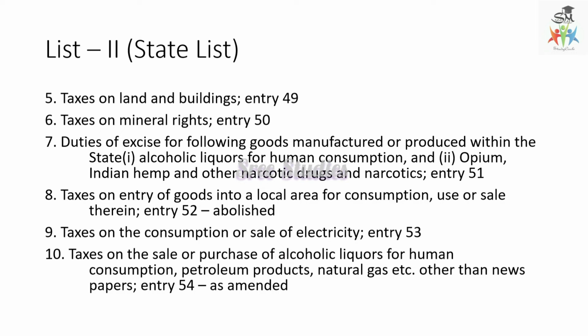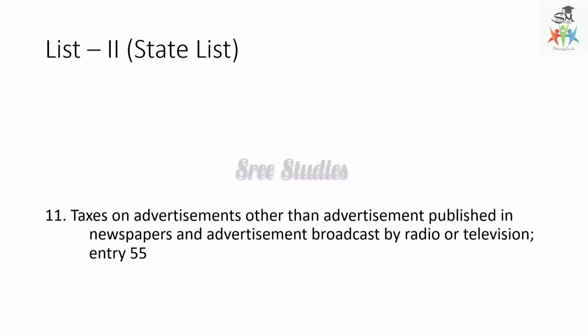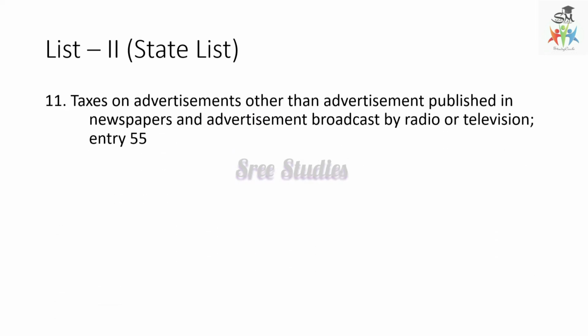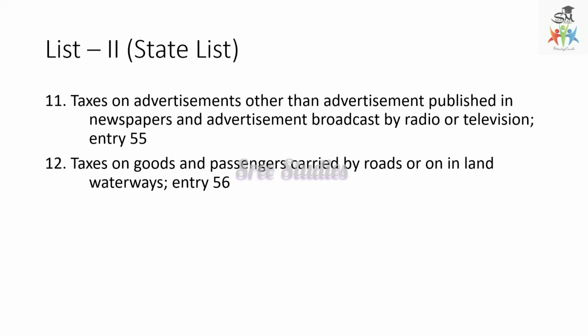That is 54, as amended. Now it is amended. And taxes on advertisements other than advertisements published in newspapers and advertisements broadcast by radio or television, entry 55. Then tax on goods and passengers carried by road or on inland waterways.